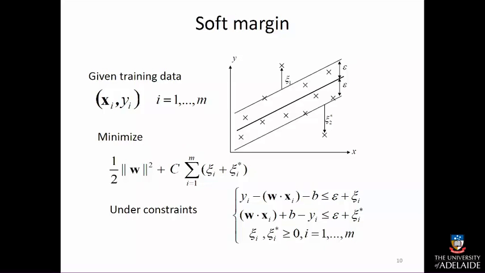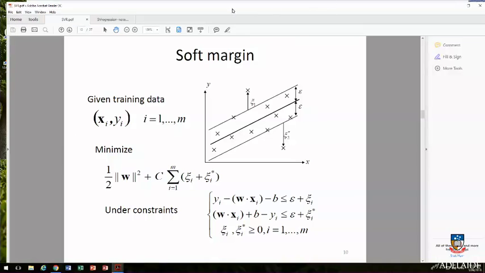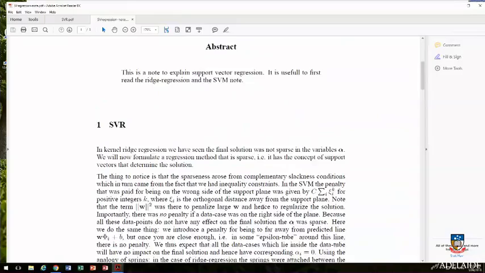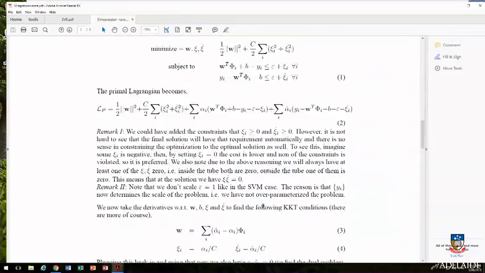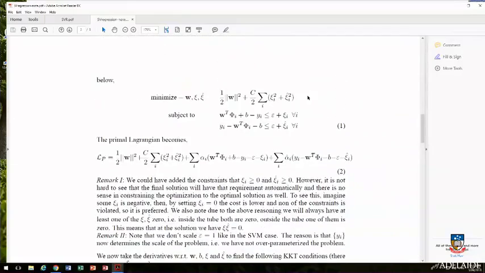But there's another formulation. I think in the note we have a slightly different formulation. Here we just use the L2 norm to measure the training error. Then in this case, the non-negative constraint for Xi can be removed without changing the solution.